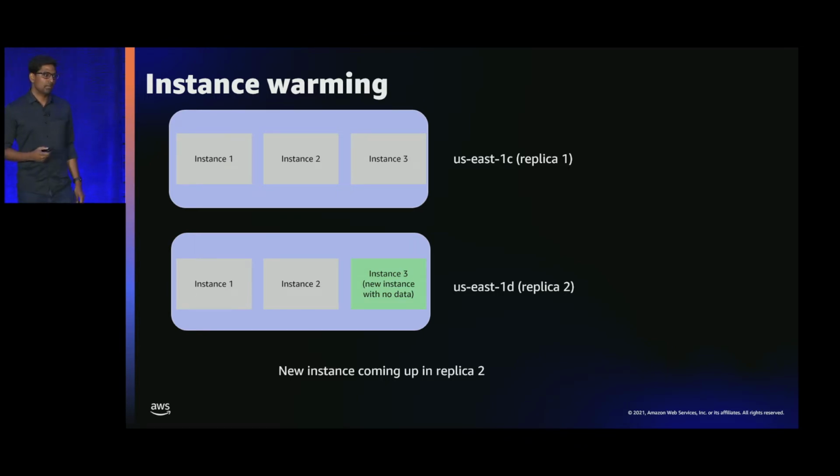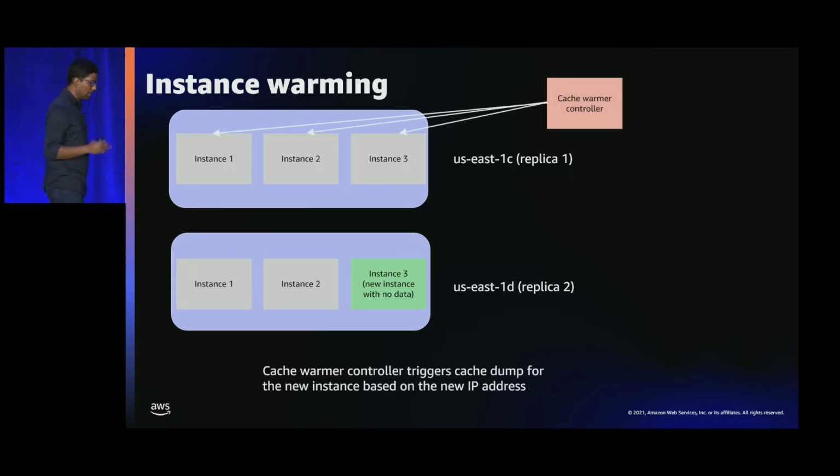So we have a high-level orchestrator or control plane that constantly monitors the health of these clusters. And when it detects that one of the instances has gone down, it will identify a healthy replica, and it will start instructing those clusters to start dumping the data so that instance 3 in replica 2 can get rehydrated.